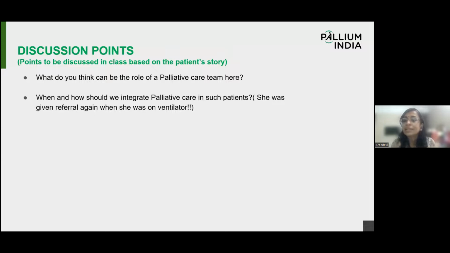The patient was literally referred to a new phase where we are telling them about the prognosis, and they have not heard it from their respiratory physician. So then we become the bad cop. Then they may not want to believe a person who just met them a few days back. So these were the issues that we were facing as a palliative care team.